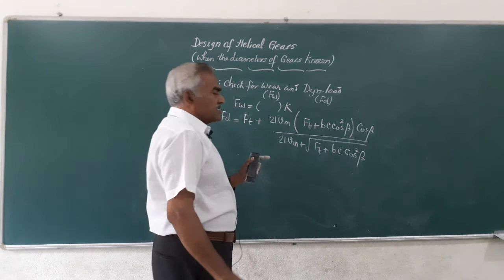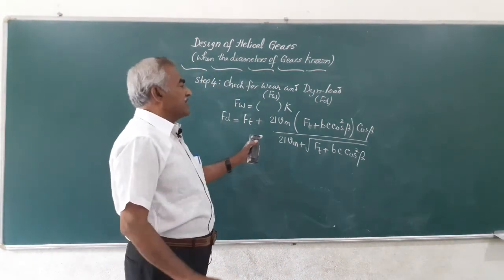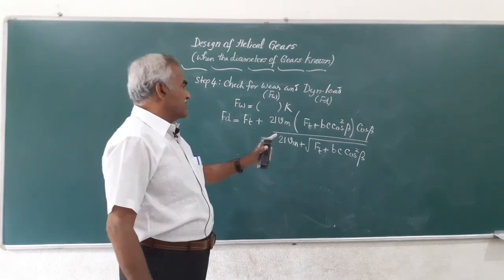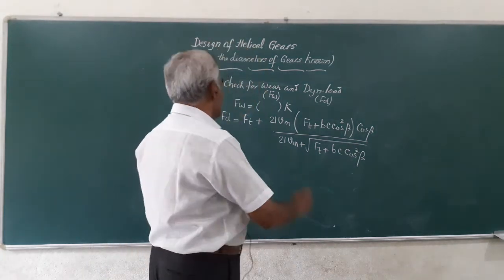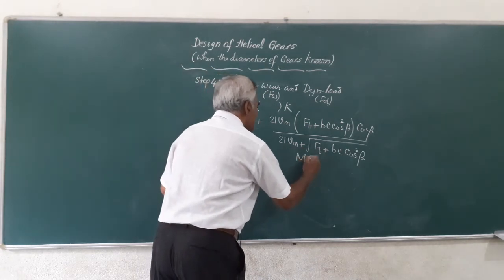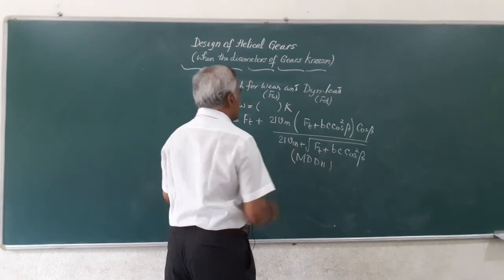Friends, these equations are all available in the data handbook, only you should know where and what is available. That comes by practice. So, this is all available in the machine design data handbook, so you need not remember this.